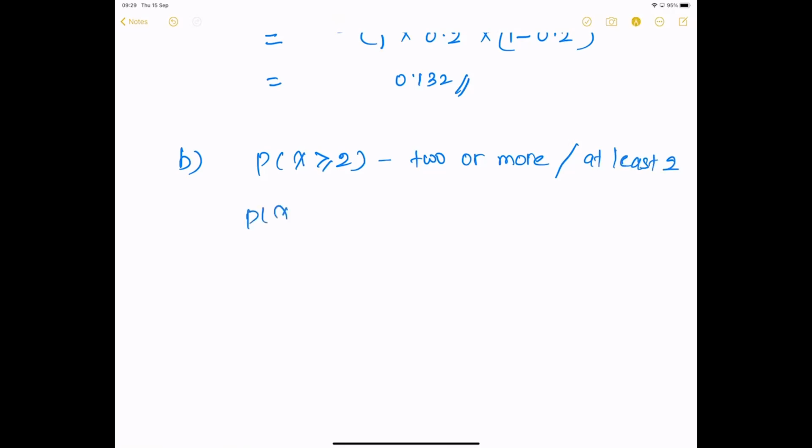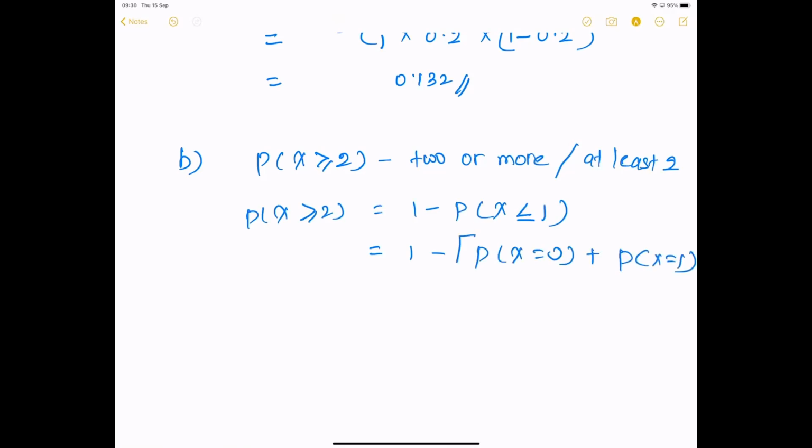Now you know how to simplify this one. It should be 1 minus the probability of less than 2, right? So this one should be x equals 0 plus x equals 1, right?